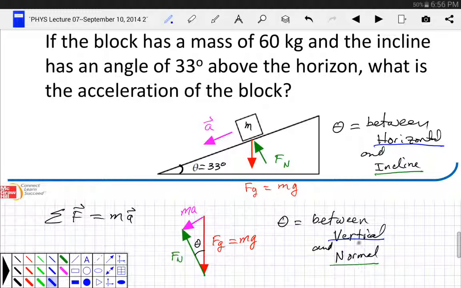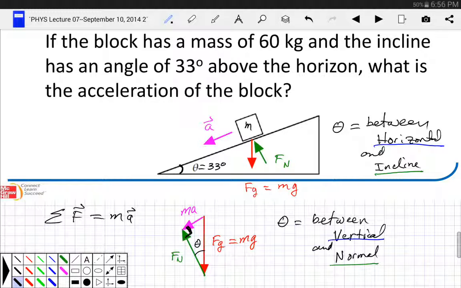This is the angle between the perpendicular to horizontal and the perpendicular to incline. So that's how I know this is the angle that's the same as my angle of incline. Note that the acceleration is perpendicular to normal, so I do have a right triangle with the right angle right here.